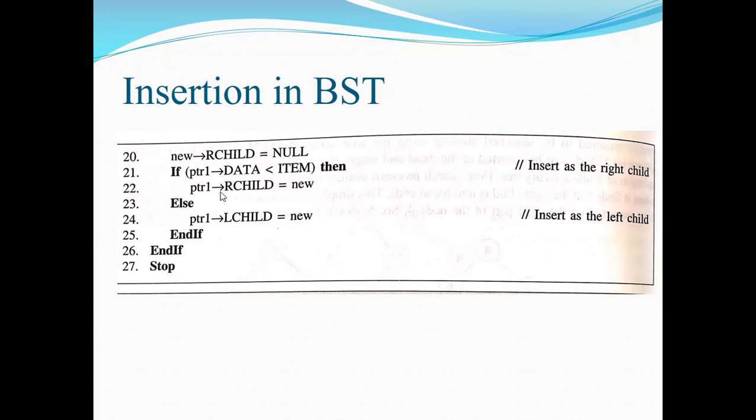So ptr1 dot right child equal to new. If our item is greater than ptr1 dot data, we will insert our item as the right child.